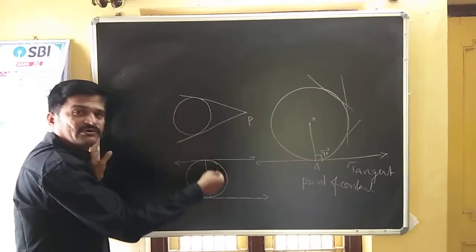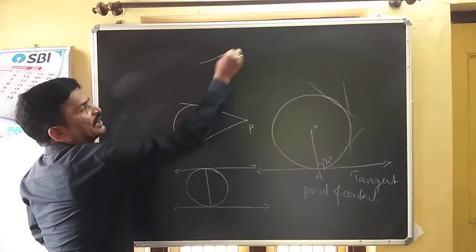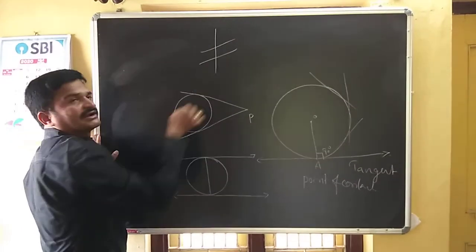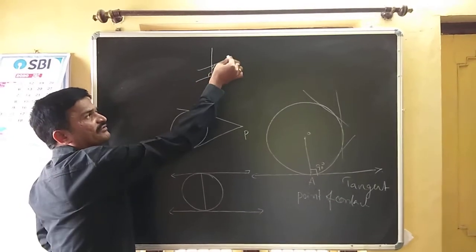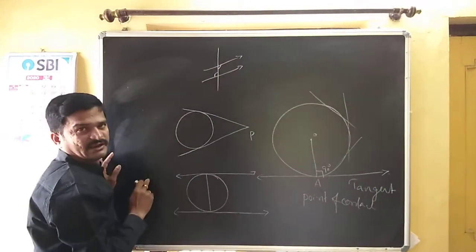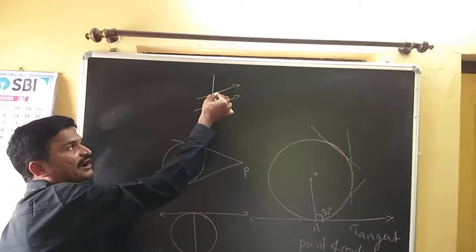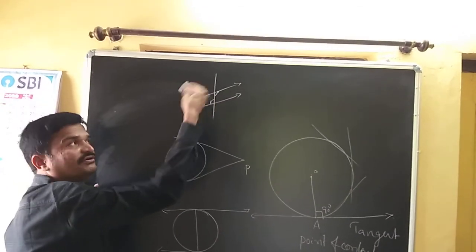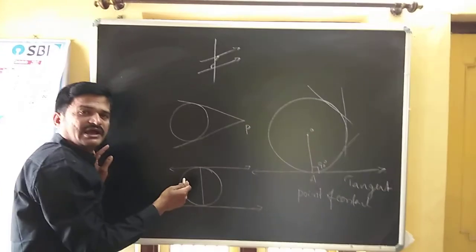This we proved based on the property of transversals. If any two lines are intersected by a transversal, and if alternate interior angles are equal, then we can say that those two lines are parallel. The same concept we applied here previously.